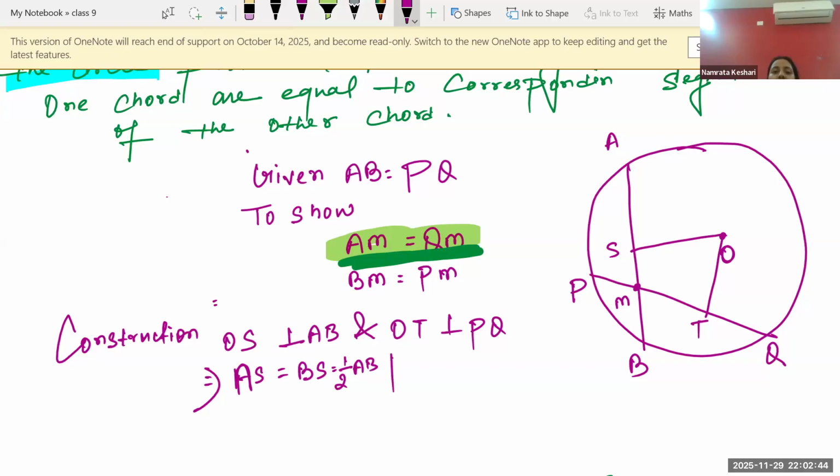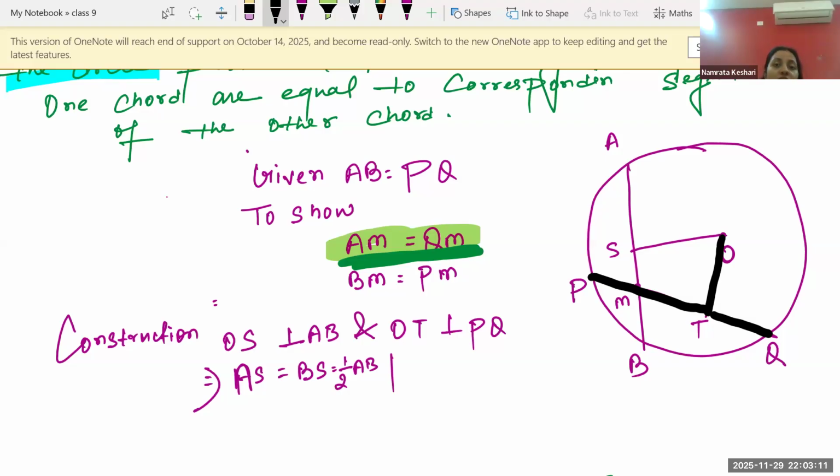Here also we will say that the other chord is also getting divided. The moment we drop a perpendicular OT, our chord is getting divided. This QT and PT, even though it doesn't look the same, it is the same. Maybe the figure is not justifying, but it is the same. A perpendicular from the center bisects the chord. I have not drawn the figure properly, and if you draw the figure like that, it is completely fine.